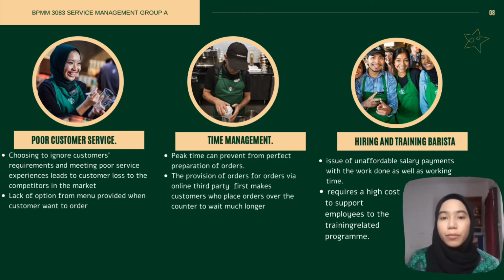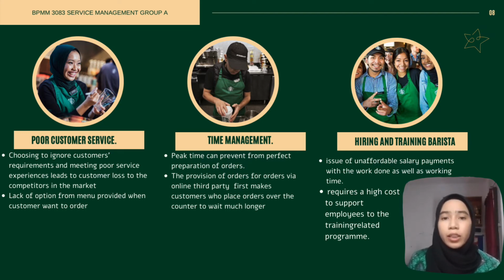Next, the potential bottlenecks based on the Starbucks blueprint also include time management. Effective time management allows the company to make the best use of available time by prioritizing tasks according to their importance and estimating the time taken to complete the customers' orders. Nevertheless, peak times can prevent Starbucks from preparing the orders at the specific times.